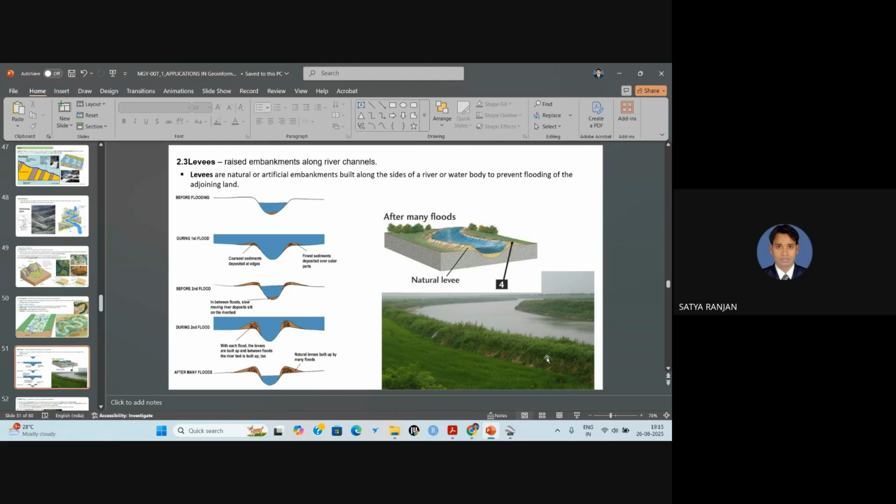In this photograph, these are the levees around the river banks. It looks like an artificially created embankment or depositional boundary, but it is naturally created by the river with the deposition of sediments. This is the natural levee. After many floods, it looks like this.